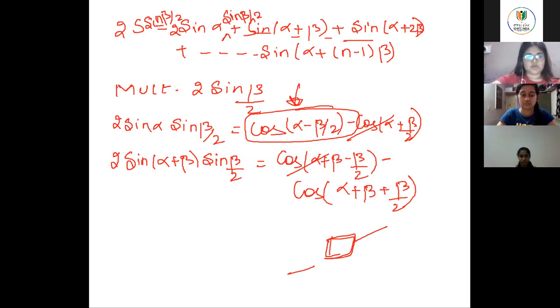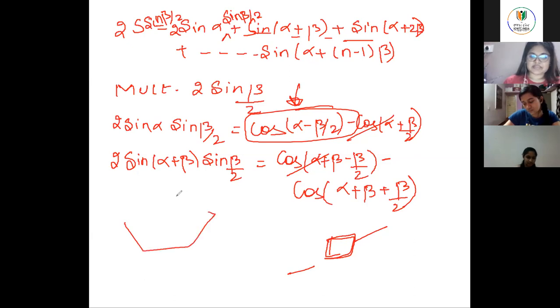This was your type 1, which is summation of trigonometric series. For type 2, you just have to learn that for an n-sided regular polygon, n-sided means it can be of any side, sum of all the exterior angles. What is exterior angles? Suppose the polygon given to you is something like this.